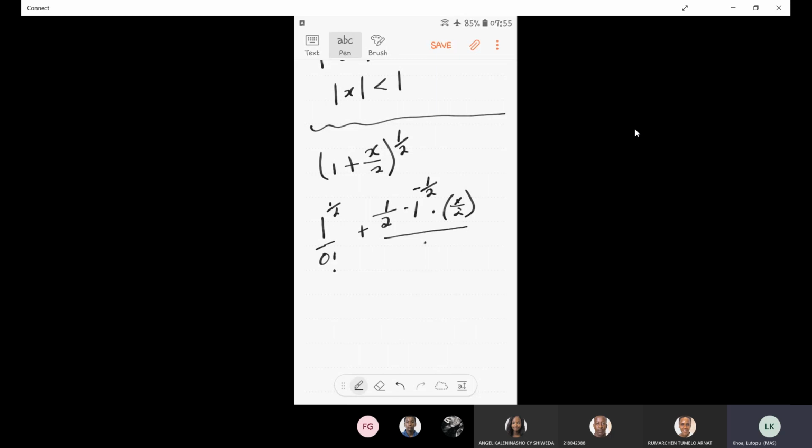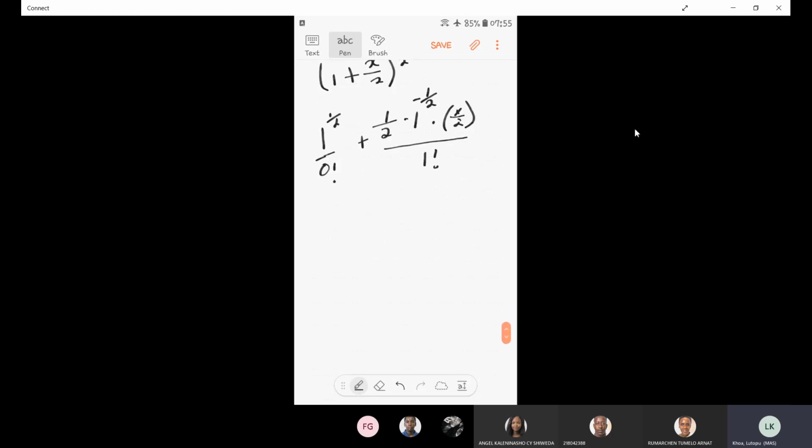And then I divide this by 1 factorial. Then the next term. This minus half will now have to come down. So I have half there already. Then minus half comes down. Then I have x over 2. The power increases by 1 to become 2. And then I divide by 2 factorial.